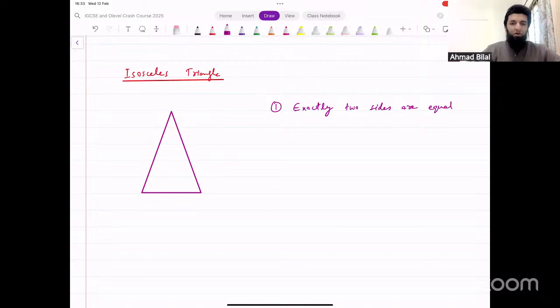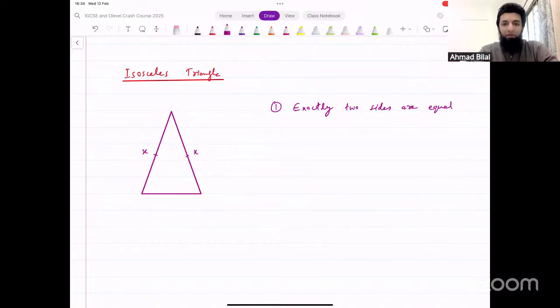Now it's not equilateral. It's clear from the diagram that the base of the triangle, the horizontal side, is much smaller than the other two sides. In this case, these two sides are equal: the side on the left and the side on the right. If I call this x, I can also call this x.